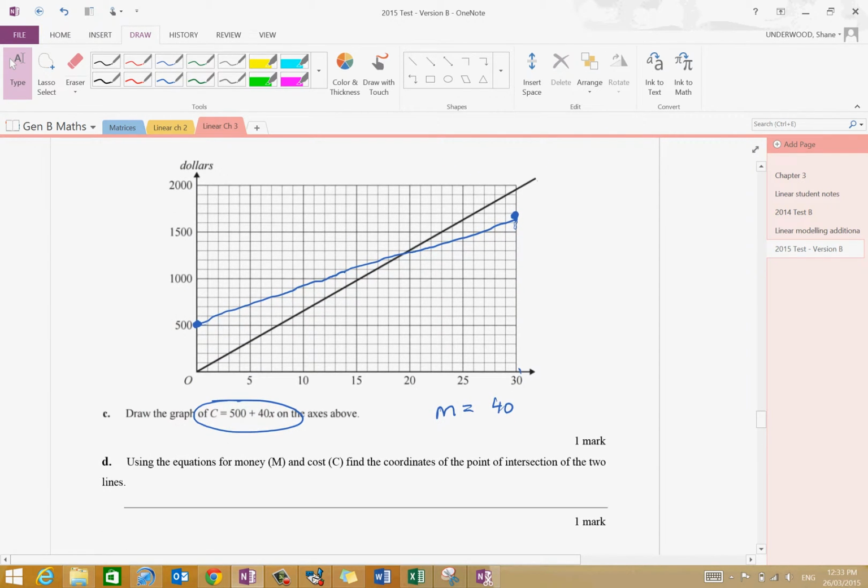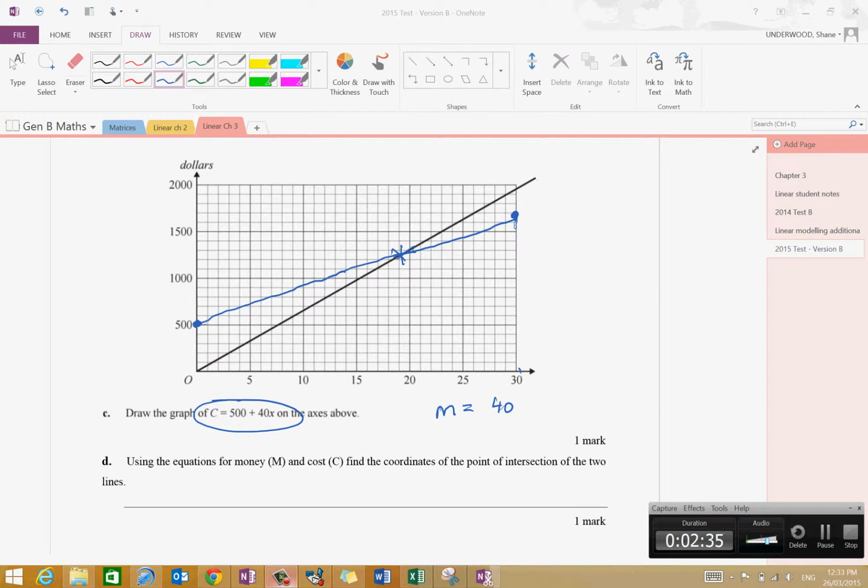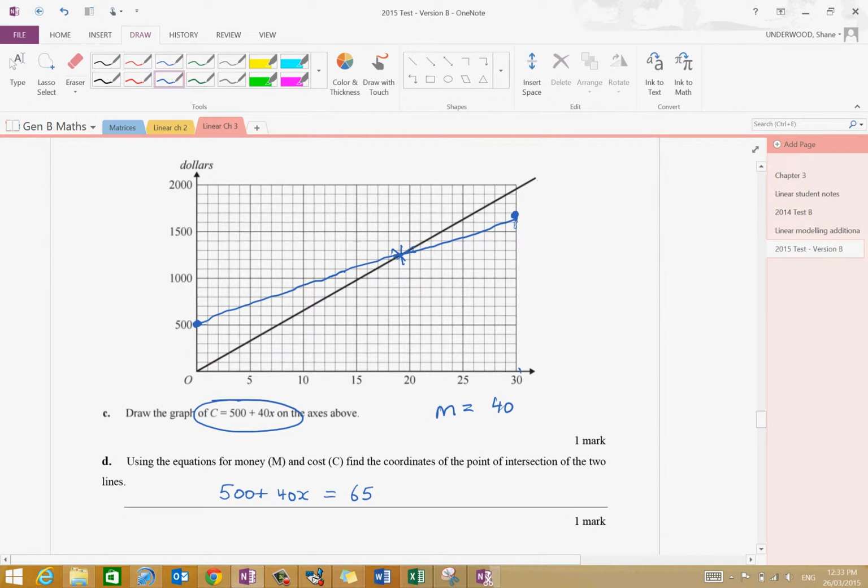Now, using the equations for money and cost, find the coordinates of the point of intersection. Now, what we've got is these two graphs. We've got 500. Let me just hit this and hit pause. So we've got the cost, we've got these two equations having to equal each other.